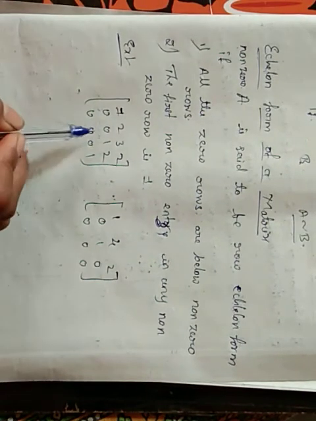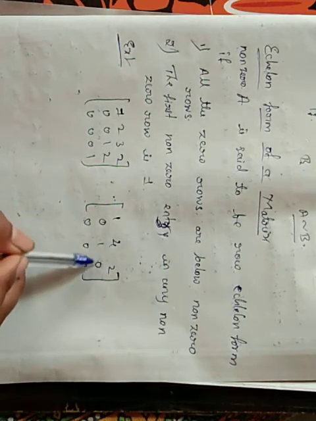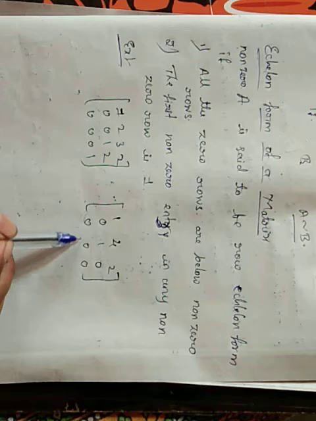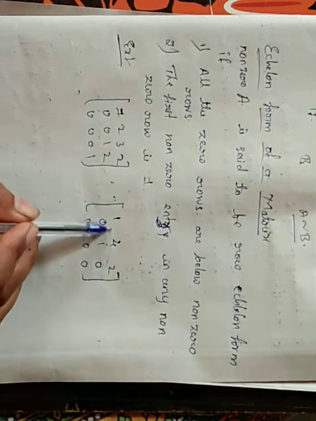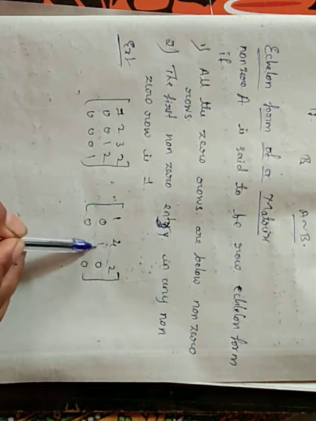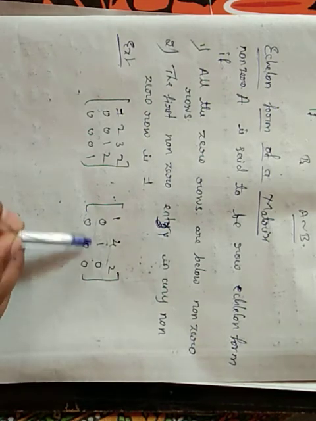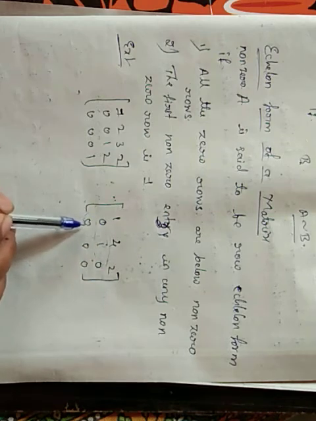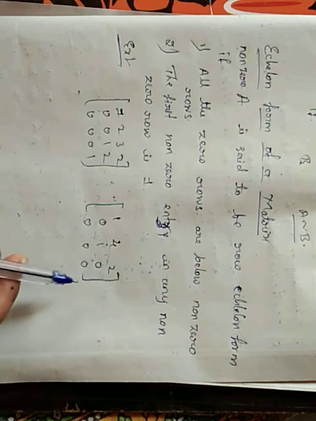See here, this last one is a zero row. All zero rows should lie below the non-zero rows. This one is non-zero because the element 1 is present, so it is a non-zero row. All the zero rows lie below the non-zero rows. That is our first rule.